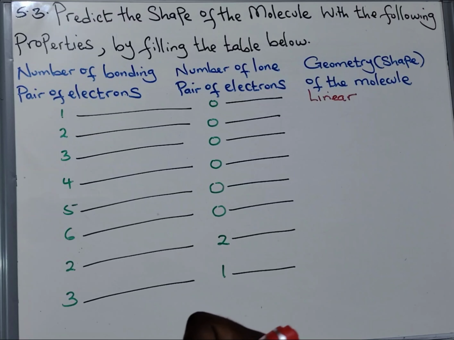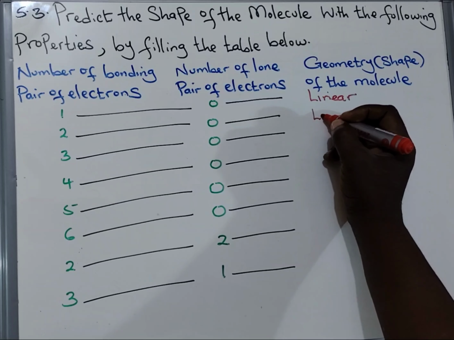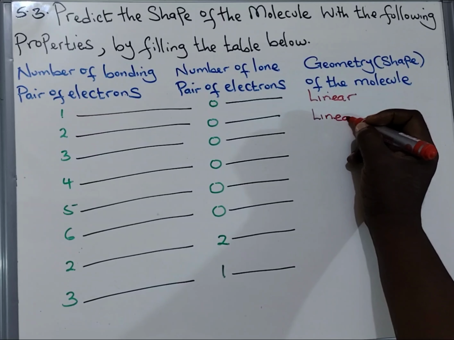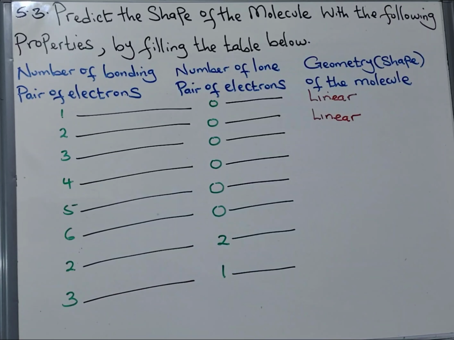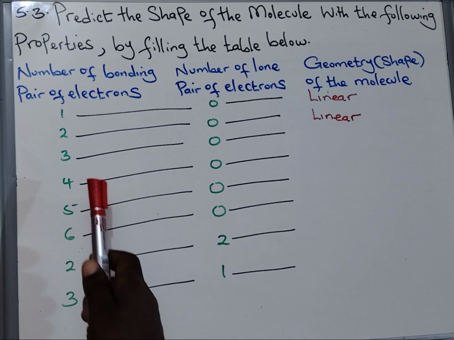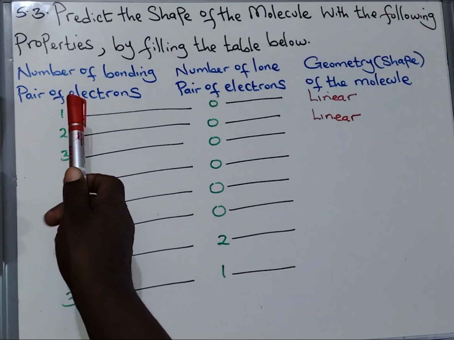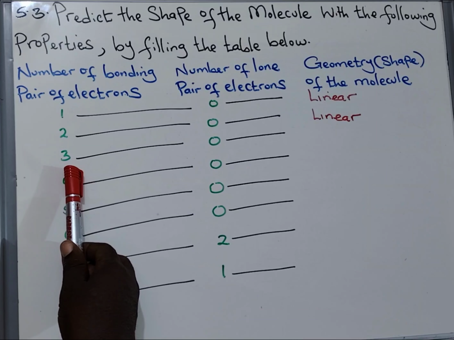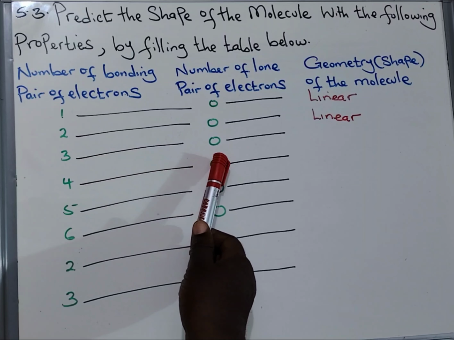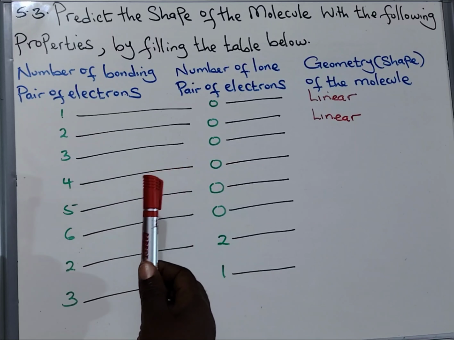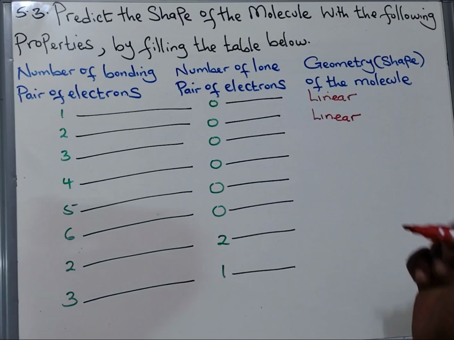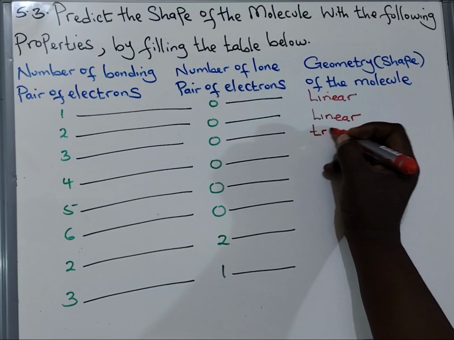What's the shape? Still linear. Then we come to this. How many bonding pairs? 3, and 0 lone pairs. What is the shape? The shape is trigonal planar.